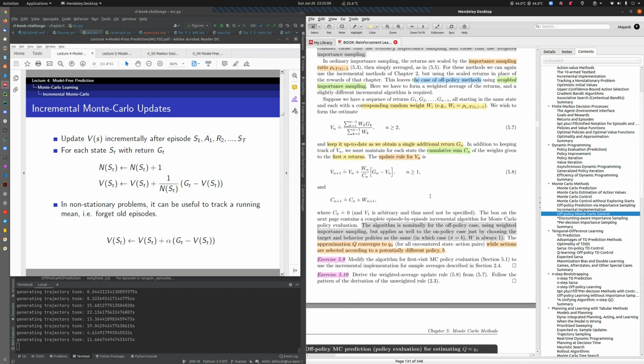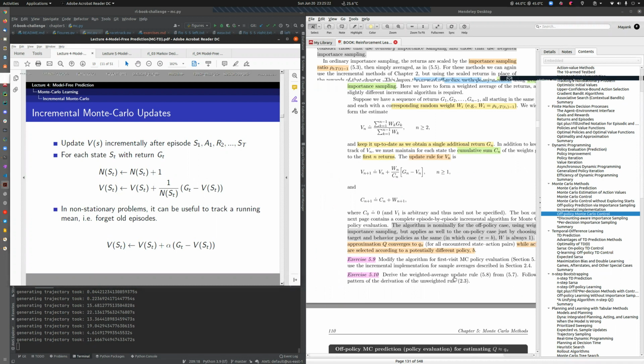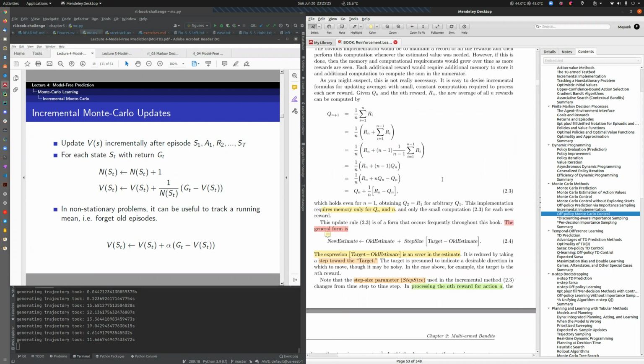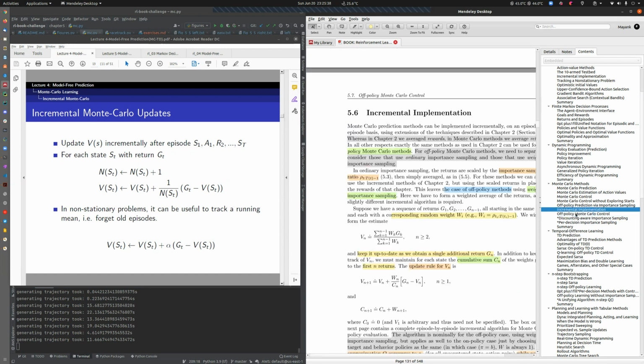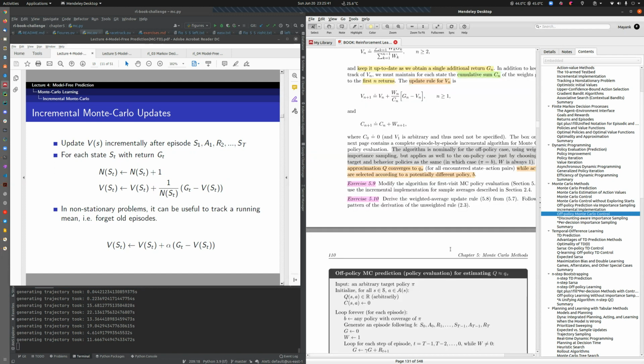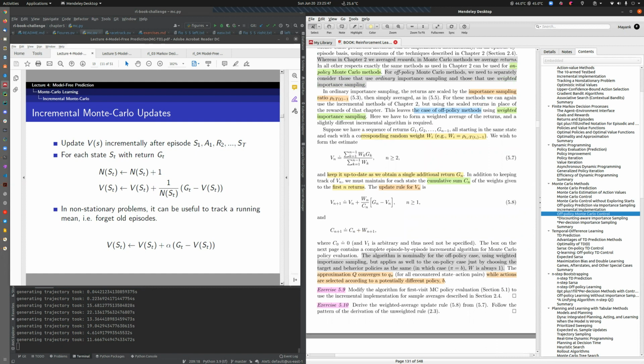For that derivation, I might have to refer to the unweighted rule, equation 2.3: Q n plus 1 equals Q n plus 1 over n times R n minus Q n. It is kind of the same here, but we have to replace these terms.